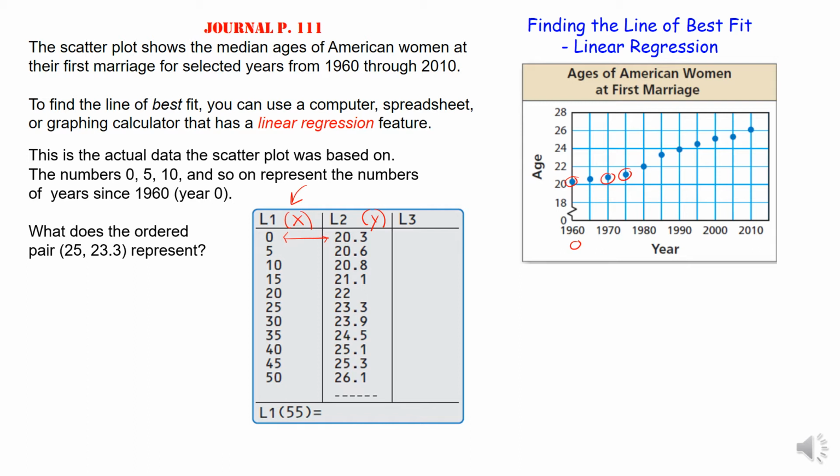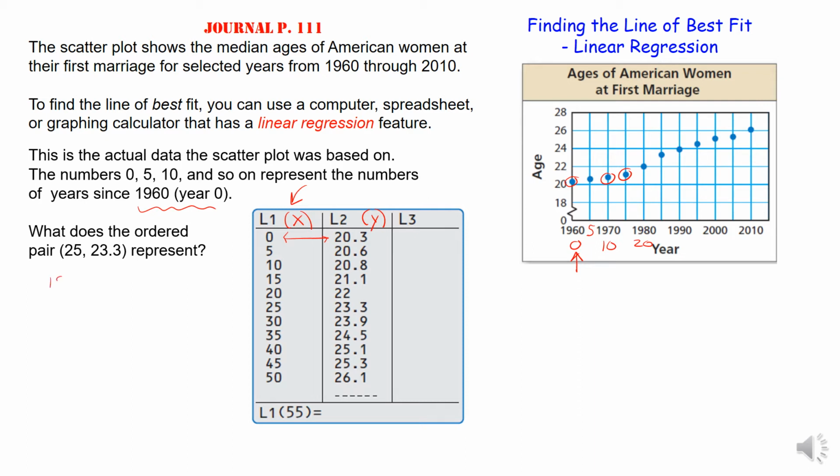So make sure you remember that if you're using years, the first year is 0, and everything after that would be the distance from 0. So 1960 is year 0, 1965 would be year 5, 10, and so forth. Make sure that you understand that because you're going to be asked to do that in the future. So what does the ordered pair 25, 23.5 mean?